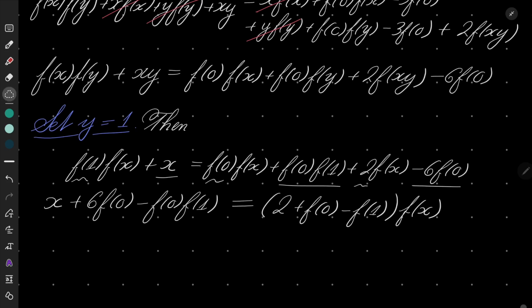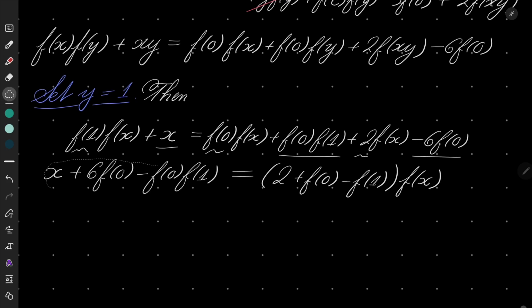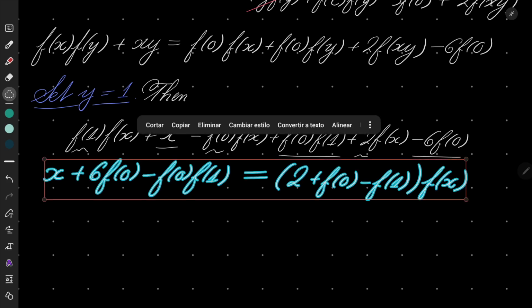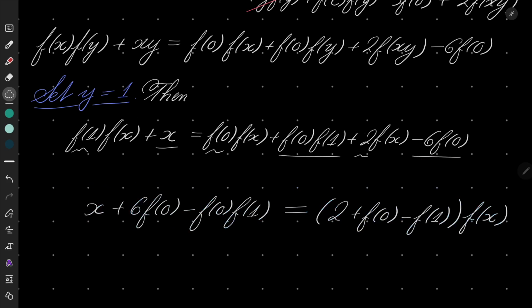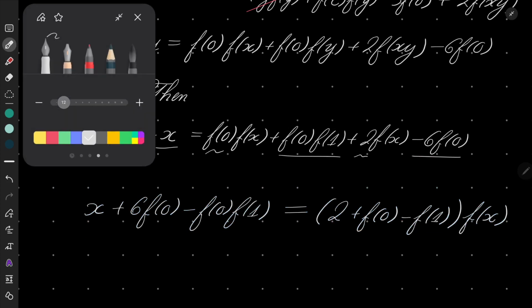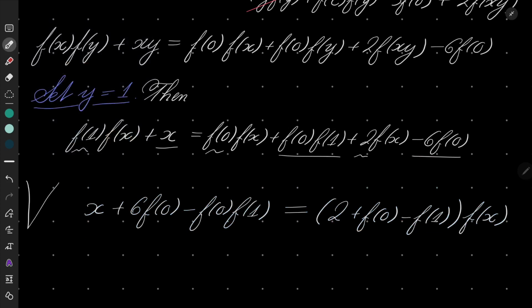Okay. And remember that this should be true for every real number x. This holds for every real number x.